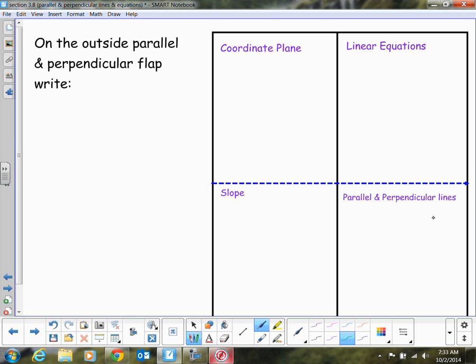Open up your foldable. This is the only flap we haven't filled in, correct? On the outside, we're going to put this to remind us that this is the notation for parallel, and you're going to put this because that's the notation for perpendicular.